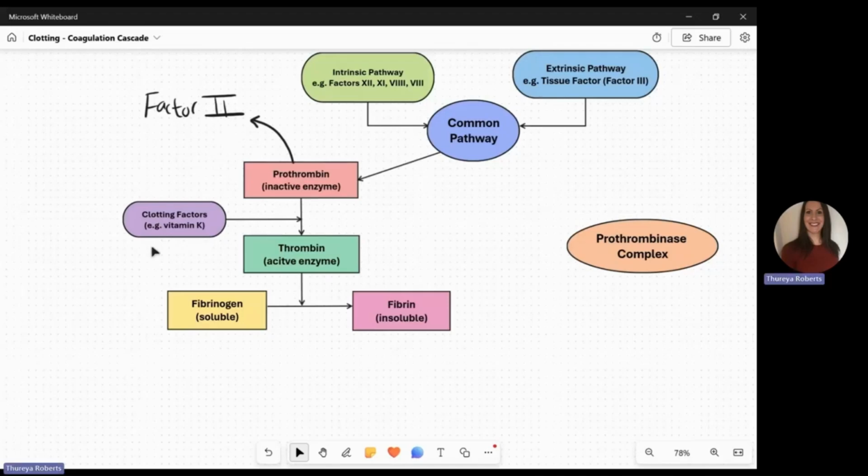To activate prothrombin, the body relies on a group of proteins called clotting factors, shown here in the purple box. These clotting factors work in a cascade-like process where one factor activates the next, amplifying the signal step by step to ensure a fast and efficient response. Key clotting factors include factor 2, which is prothrombin itself, as well as factor 7, factor 9, and factor 10.